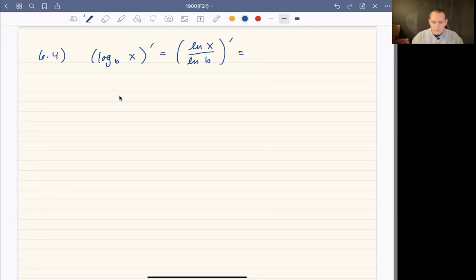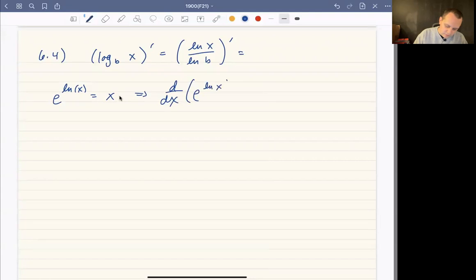Now, to find the derivative of the natural log of x, I want to exploit the fact that the natural log is the inverse of the exponential and that we know how to differentiate the exponential already. So we're going to use the fact that e to the natural log of x is equal to x. And we can differentiate both sides with respect to x. Let me write it just so it's clear what I'm doing here.